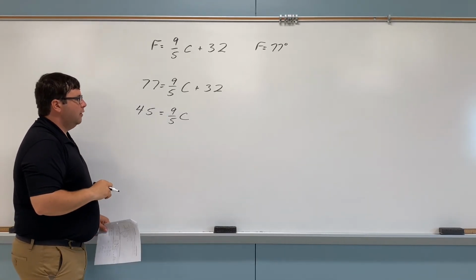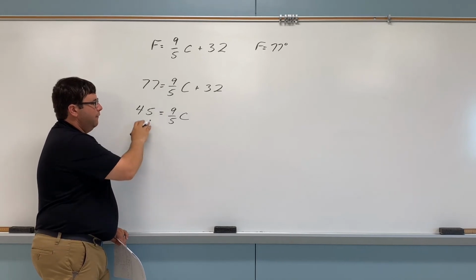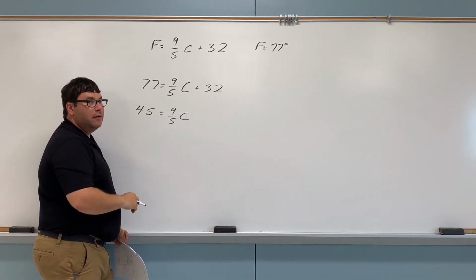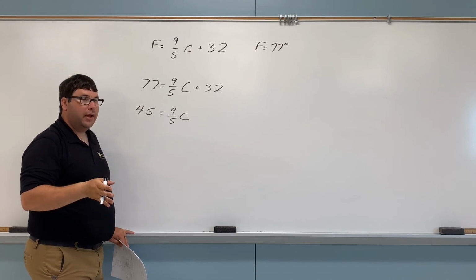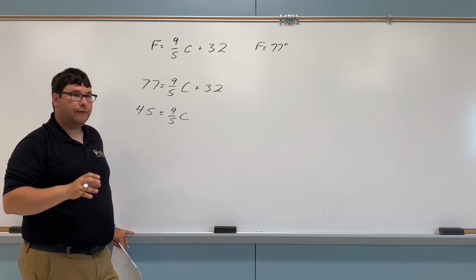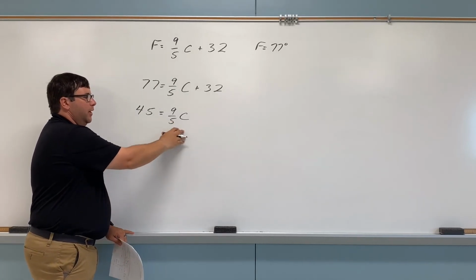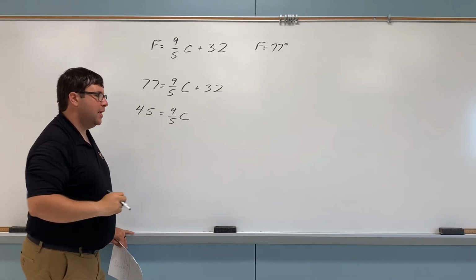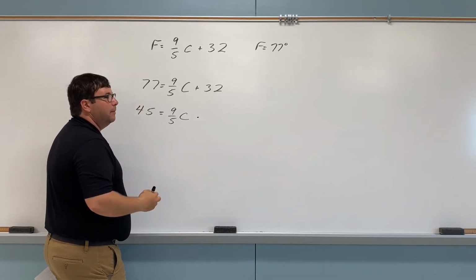And so what we're going to do at this point is look and see what we have. I have 45 and I have a 9/5. This 9/5 could easily be multiplied out so that you clear the fraction, or because you only have one part on either side, this might be easier. Multiply by the reciprocal.